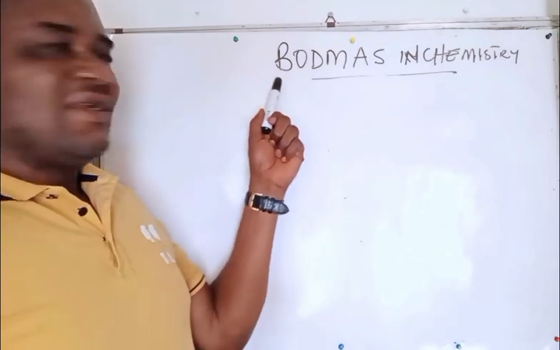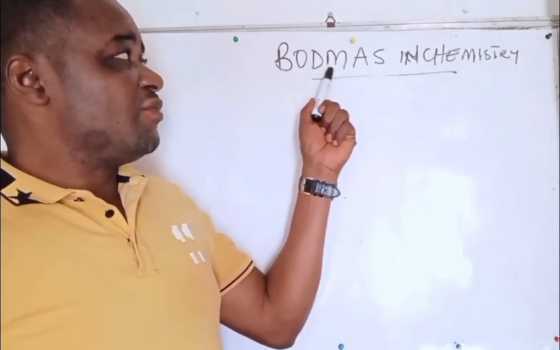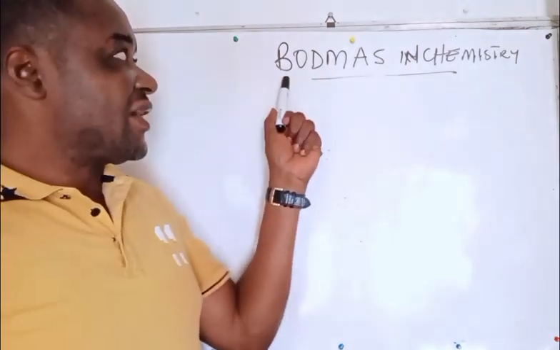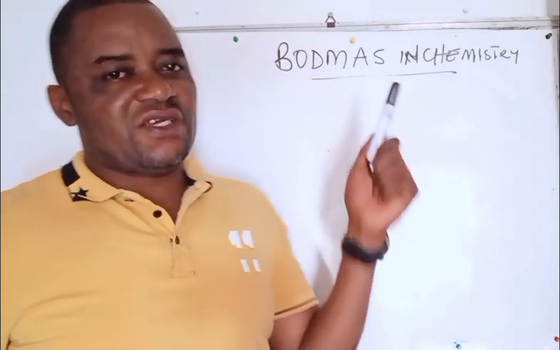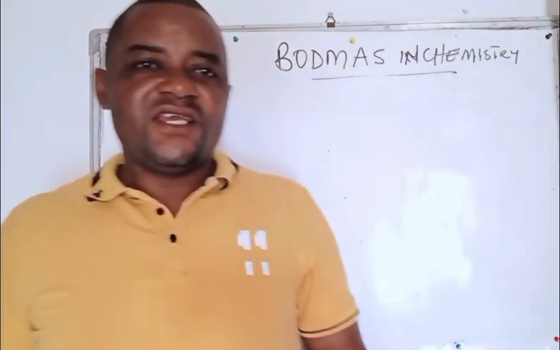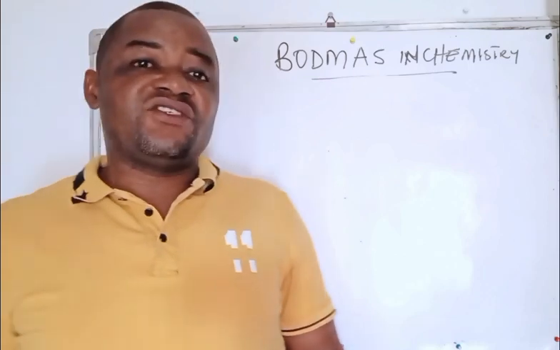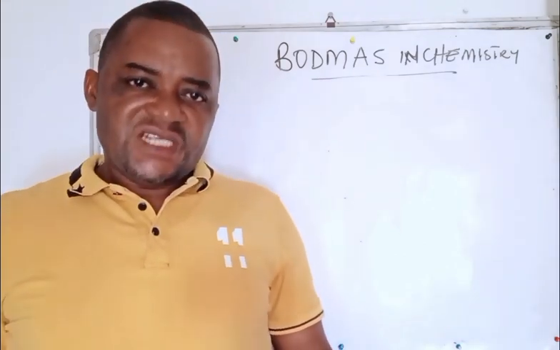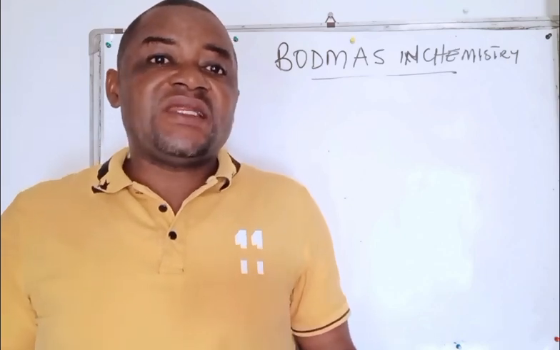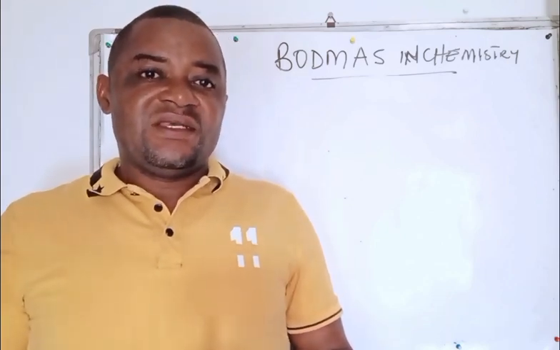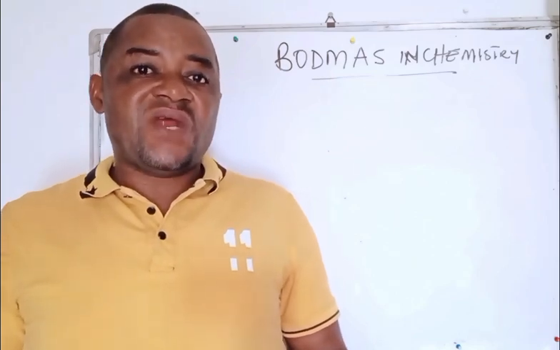BODMAS is simply bracketing order of division, multiplication, addition, and subtraction. The implication is this: if you are given a mathematical problem that involves multiplication, addition, subtraction, and all the kinds of things, you are expected to start solving that complicated problem by first going into the brackets and looking at the order of arrangement in the bracket.